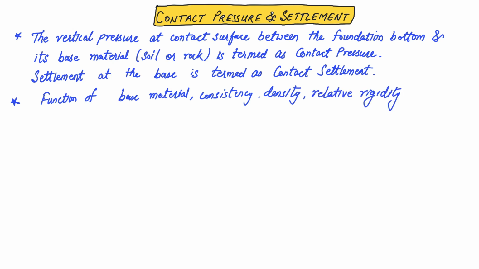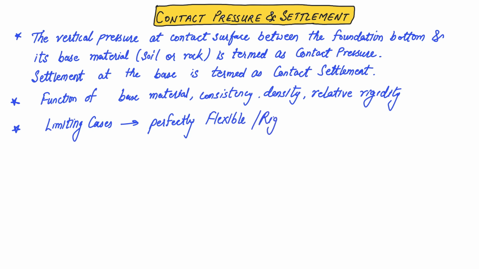For the limiting cases of rigidity, that is a perfectly flexible or perfectly rigid foundation, the distribution of contact pressure and settlement for both cohesionless as well as cohesive soil are given by Boussinesq theory that we are going to study in this particular session.